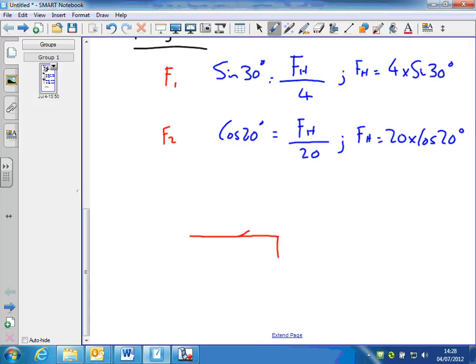So we'll have the two horizontal components and the two vertical components added together, and then we can find the resultant, which will be this line here. Or if it turns out to be this way, then it'll be in this direction. Work that through and see if you can get the answer in the textbook.